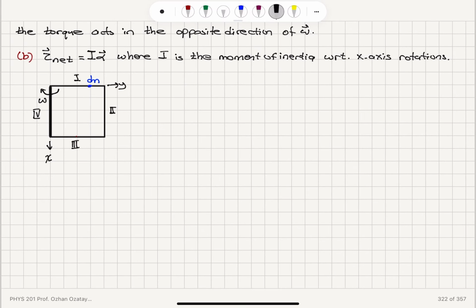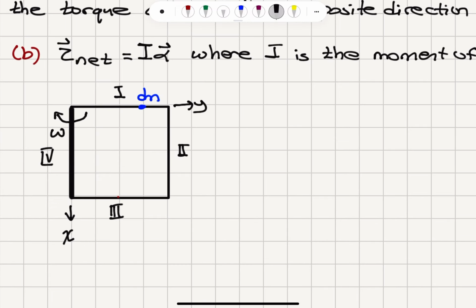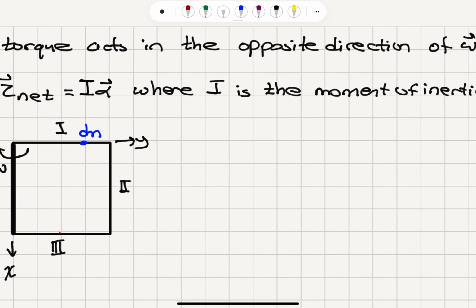Okay, now if I look at my square loop here, this is the x-axis, and that's around which we are rotating, and this consists of 4 segments, each with mass m over 4, because of symmetry. First segment, second segment, third segment, and the fourth segment. So let me calculate the moment of inertia for these rotations.